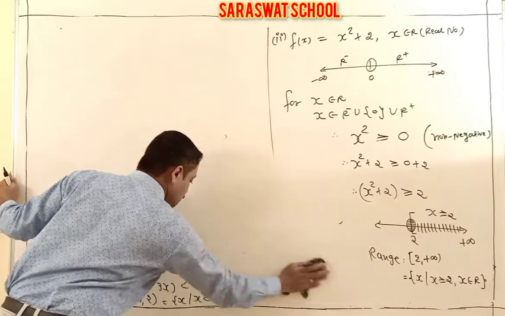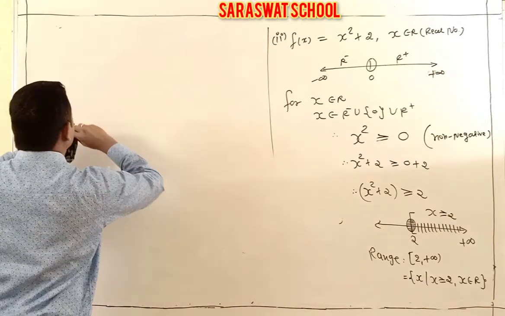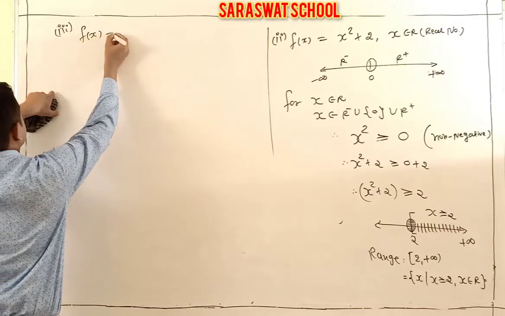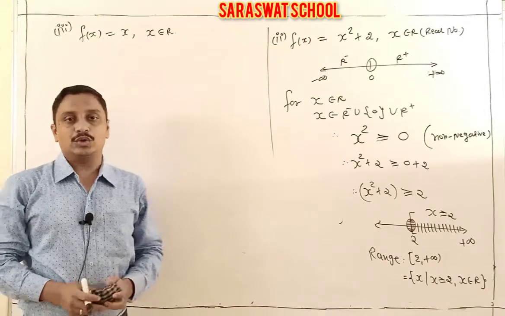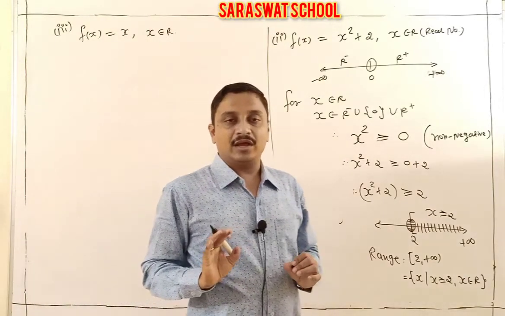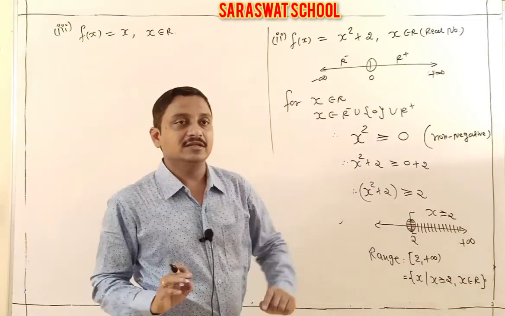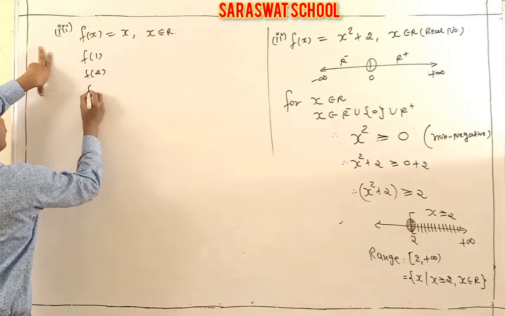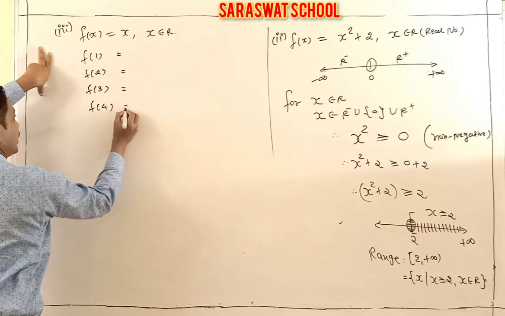Now continue, students, question number 3. Your question is f(x) equal to x, for x belongs to real. So this answer is f(x) equal to x, x is real. Any power is single, so surely the graph is a straight line. So I take some numbers, relate them to draw my graph, and after that decide what your range is.